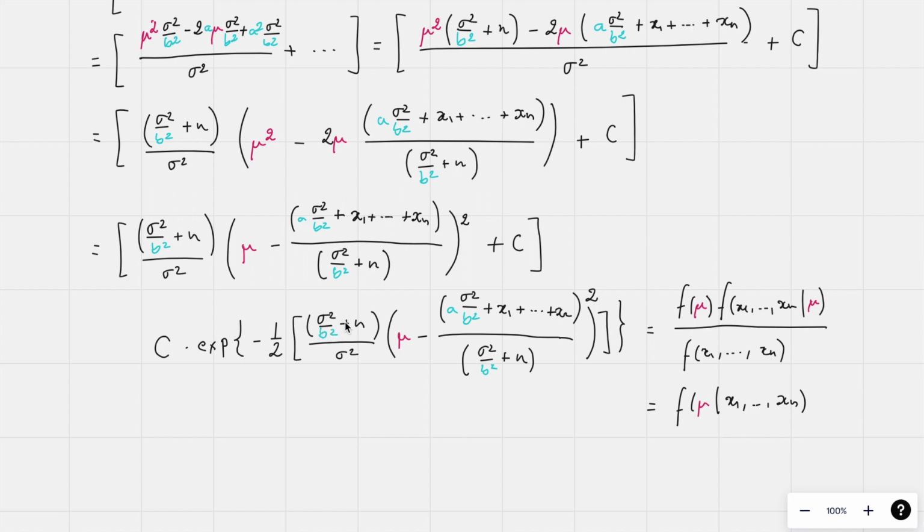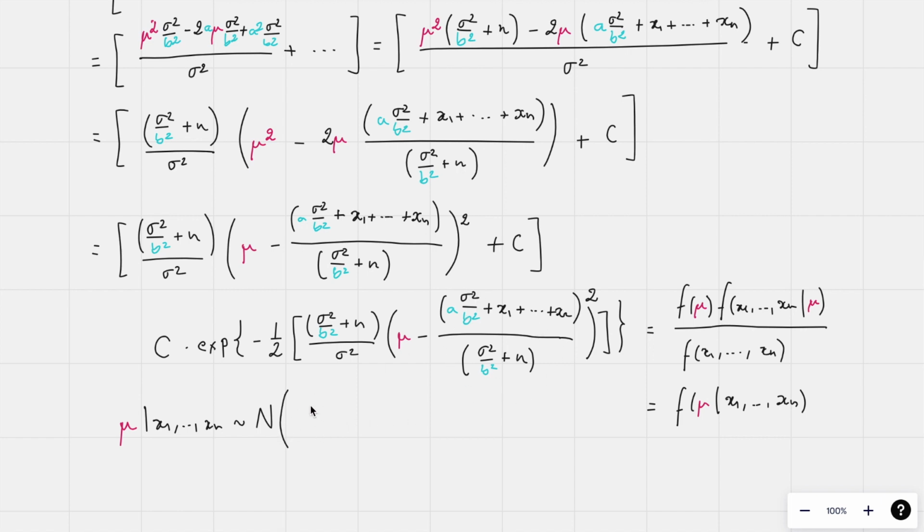So now what we find is that the distribution of mu given x1 etc. till xn is a Gaussian distribution, and the expected value is this term.